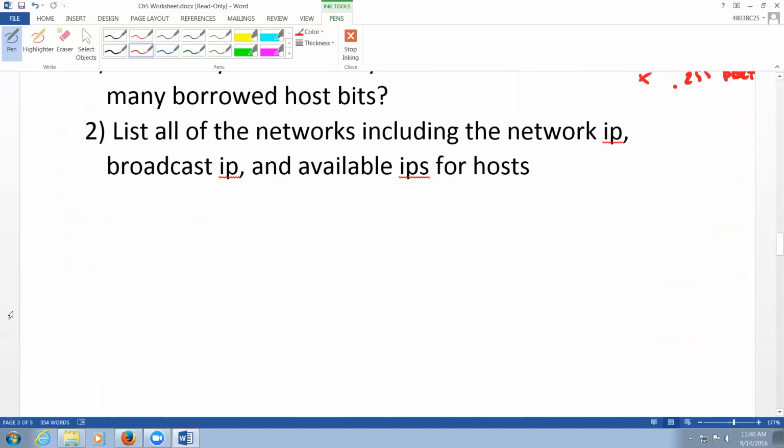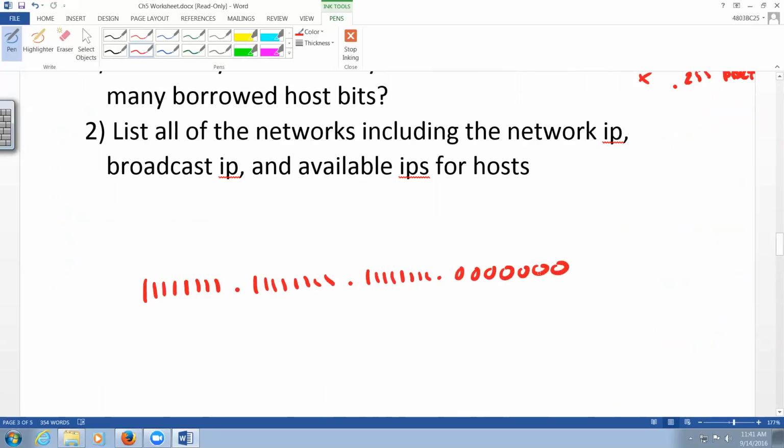Not NAT. So if we look at our subnet, we have 8 ones, 8 ones, 8 ones, and then a bunch of zeros here. This is the subnet. So the subnet mask is 255.255.255.0.